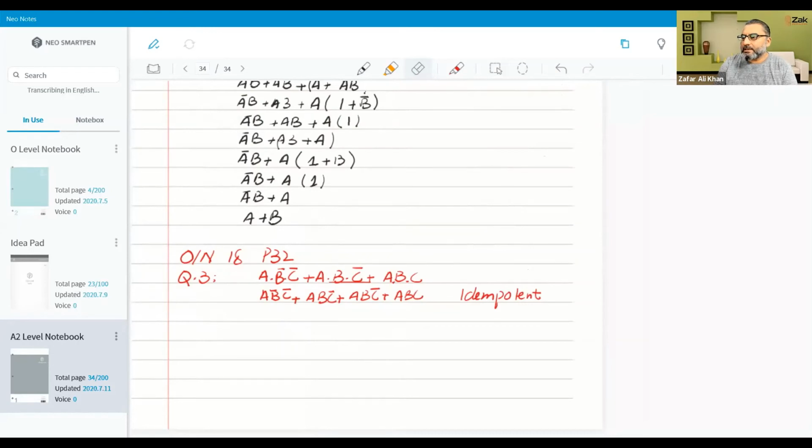A C naught is taken common and then it is being multiplied by B naught plus B. All right, and then we will take what?